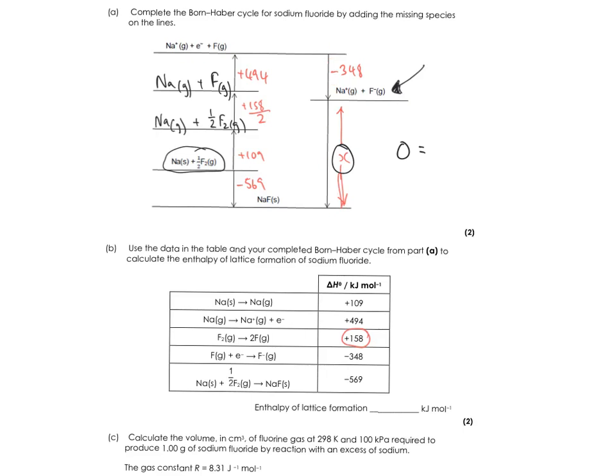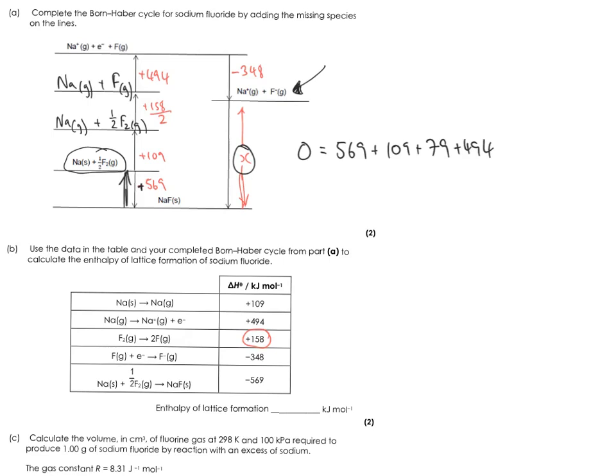So this one will turn around and that will turn to positive 569. So it's going to be 569 plus 109 plus 158 divided by 2, which is 79, plus 494, so we're out of space, minus 348, and then we've got x, so we could put plus x at the end.